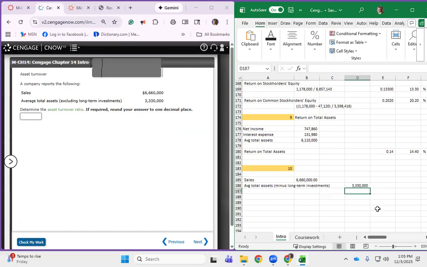All right, so 3,330,000. Okay, so let me go back. I still didn't put in the amount. All right, let me show you what this one above here was. 747,860 plus our interest expense of 131,980. Okay, and once again, those are in parentheses.